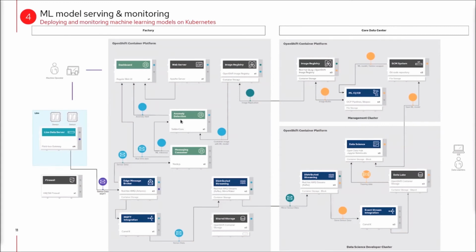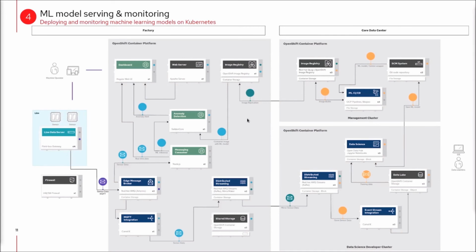And these anomaly detection web services run containers built with Seldon Core. And beforehand we discussed the whole process of doing CI/CD and image building, also for machine learning models.